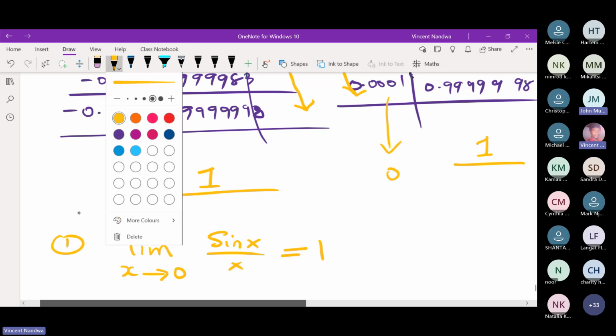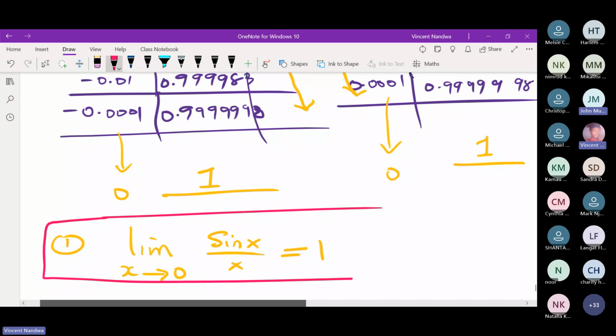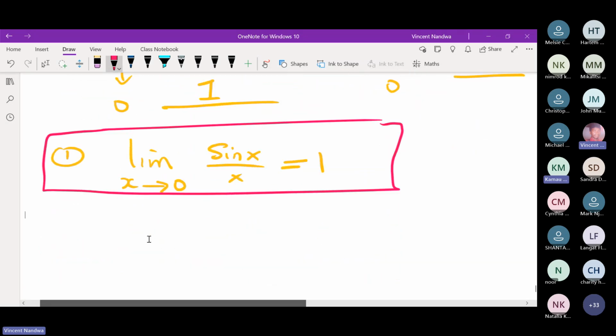So put that one in your toolbox. This is a very powerful standard limit that you must be aware of. The limit as x approaches 0 of sine of x divided by x will always give you 1.